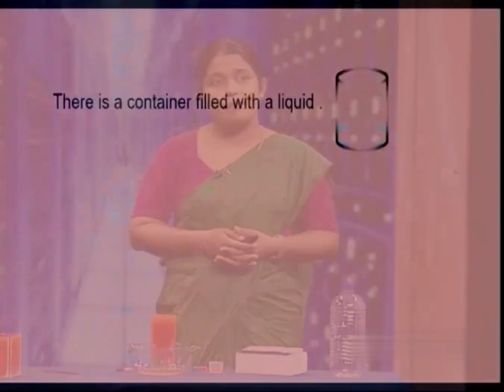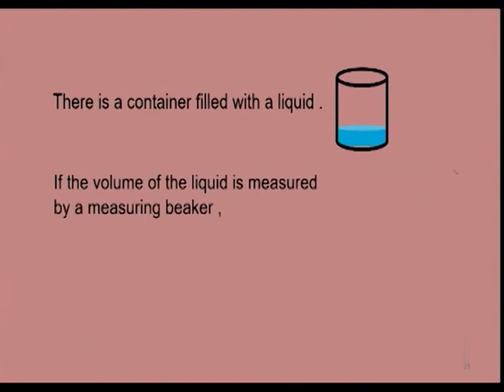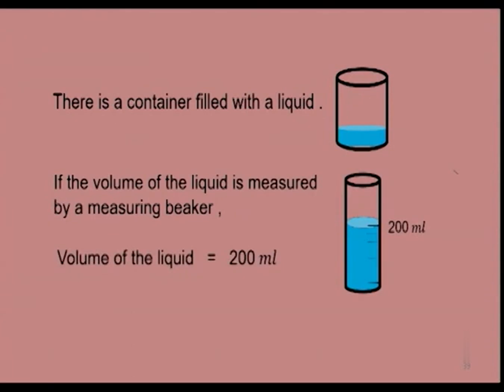There is a container filled with liquid. If the volume of the liquid is measured by a measuring beaker, you can see that the level is 200 milliliters. So, the volume of the liquid is 200 milliliters.